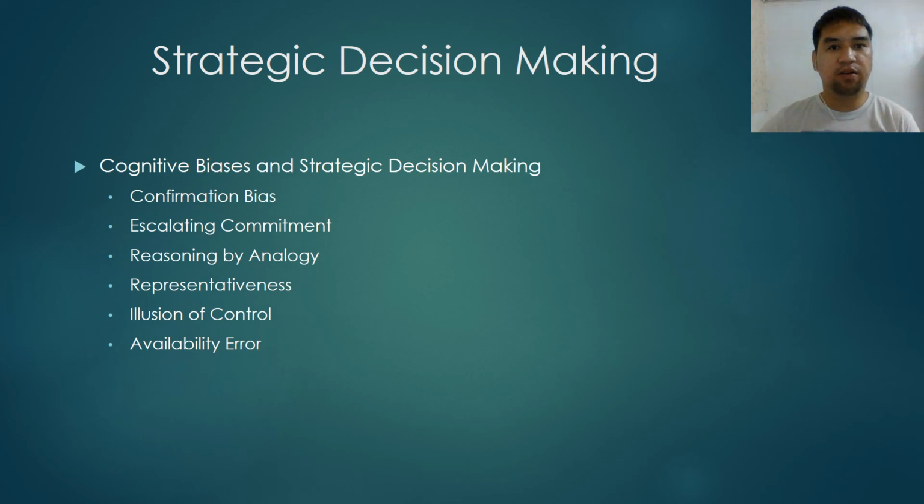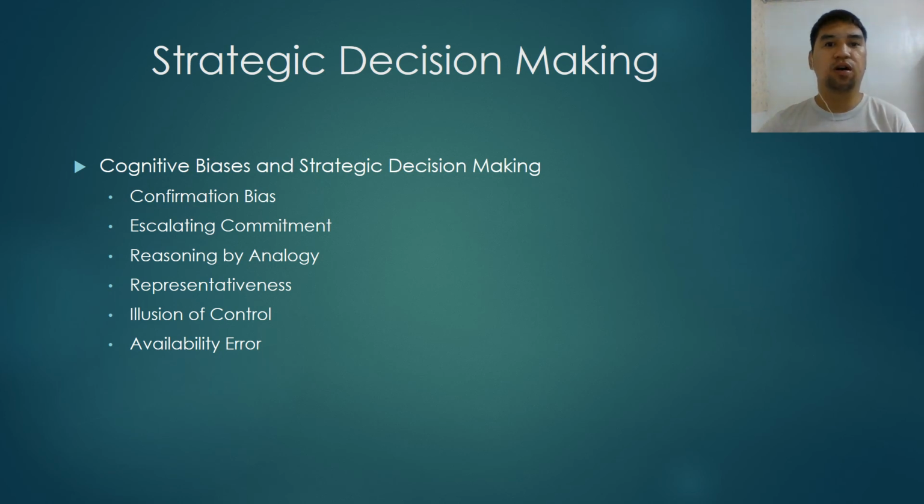Reasoning by analogy involves the use of simple analogies to make sense out of complex problems. Representativeness is rooted in the tendency to generalize from a small sample or even a single vivid anecdote. This bias violates the statistical law of large numbers, which states that it is inappropriate to generalize from a small sample, let alone from a single case.